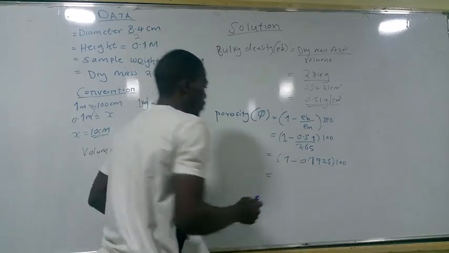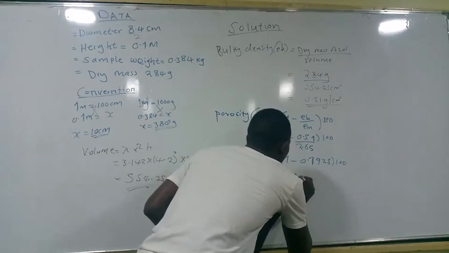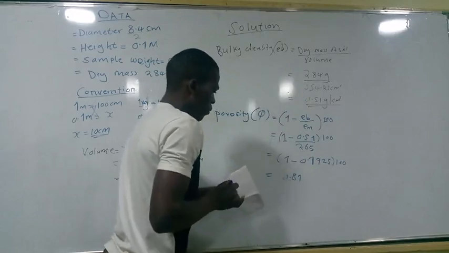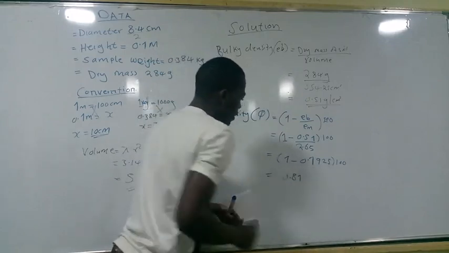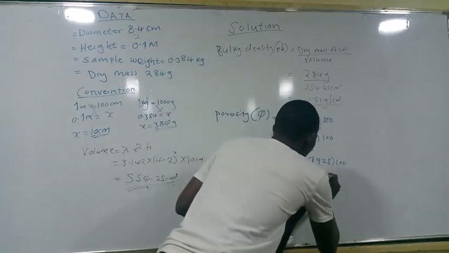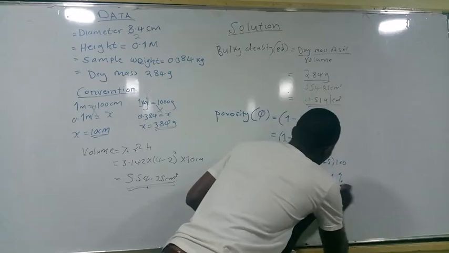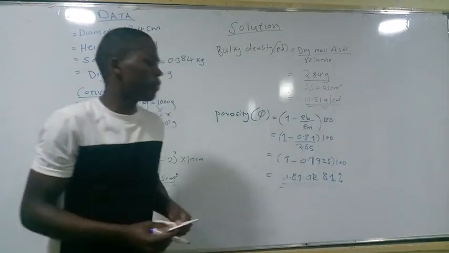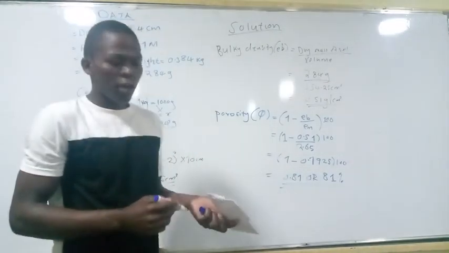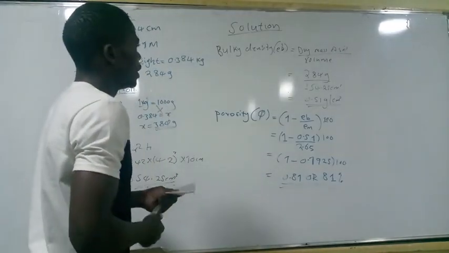So when you subtract, you're going to get 0.81. So when you multiply the same number by 100, you're going to get 0.81%. Now, when you reach this point, you have to leave your answer in decimal place as well as in percentage form. Now, this is our porosity.